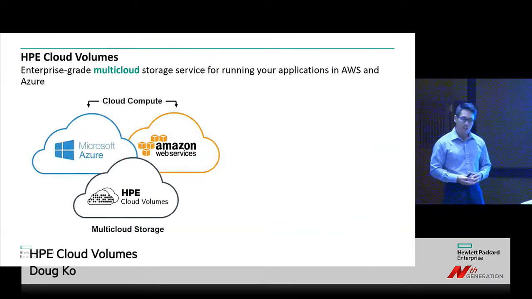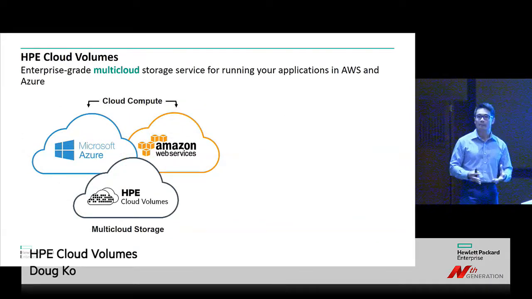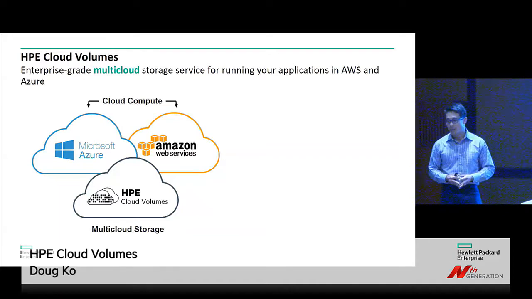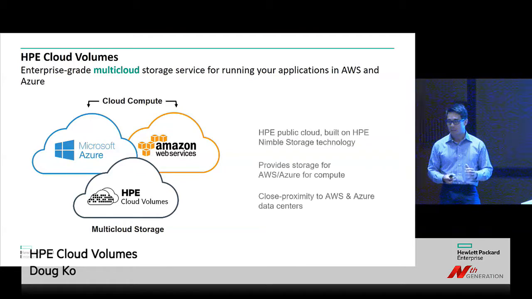So, with these challenges in mind, we set forth to solve these with HPE Cloud Volumes. When we introduced this about 6 months ago, it was still in beta. Cloud Volumes is an enterprise-grade multi-cloud storage service for running enterprise applications in Amazon Web Services and Microsoft Azure. The way we've built it out is it is a complete HPE Nimble-run cloud service.